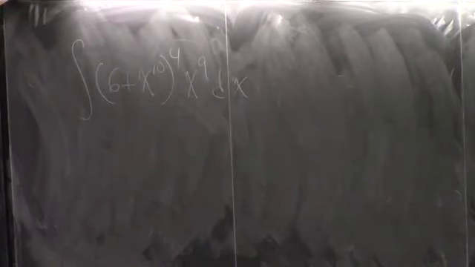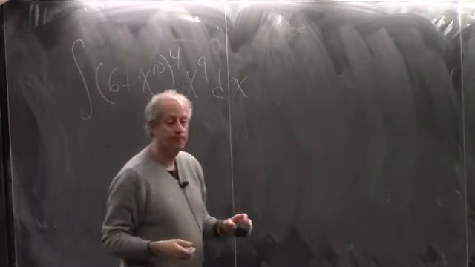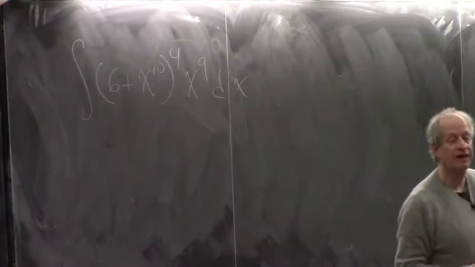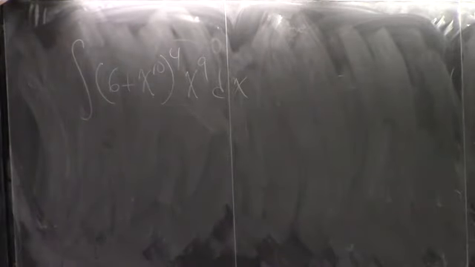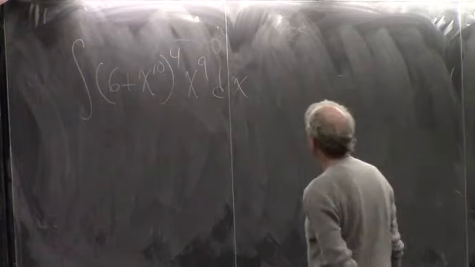So remember what I told you. You look for something to a power. And if they're 1 power apart, the thing that's to the higher power will be u, and the thing that's to the lower power will be du. Okay? Higher power will be u, lower power will be du. Let's let u equal 6 plus x to the 10th.